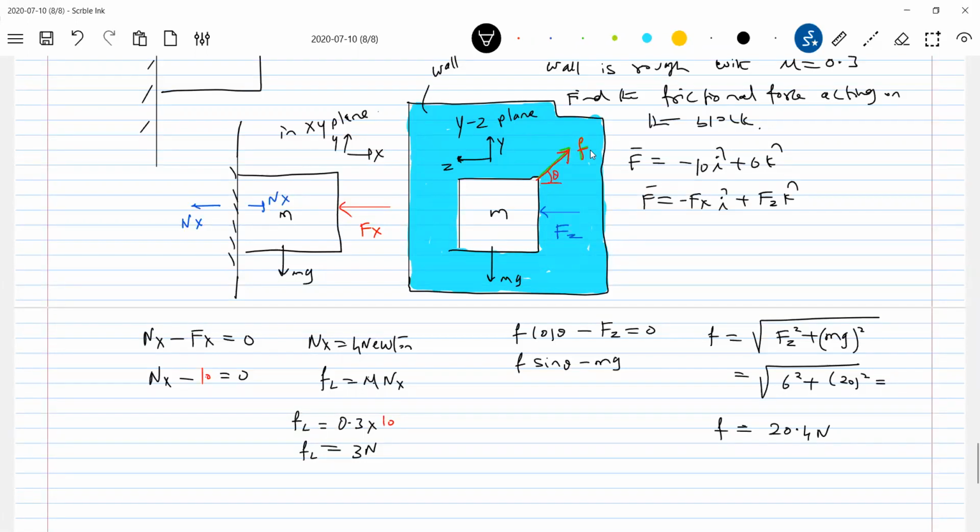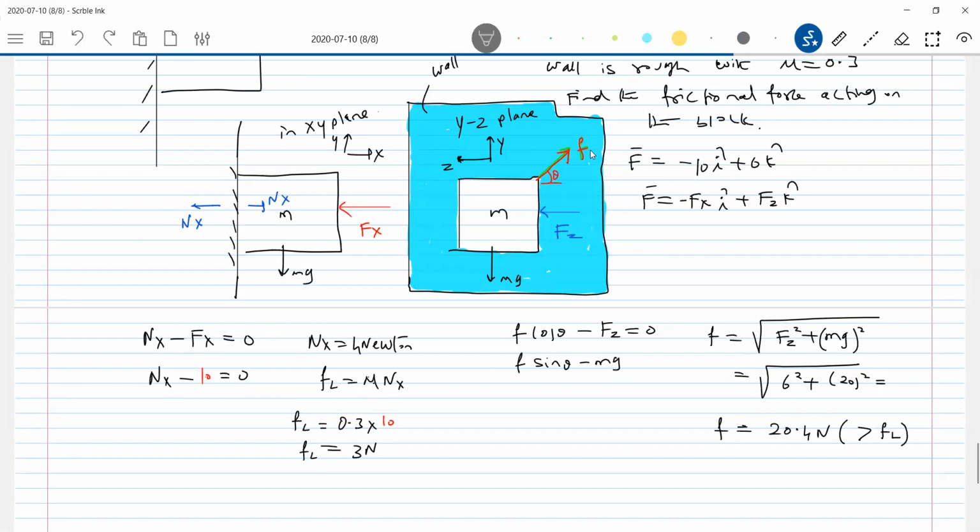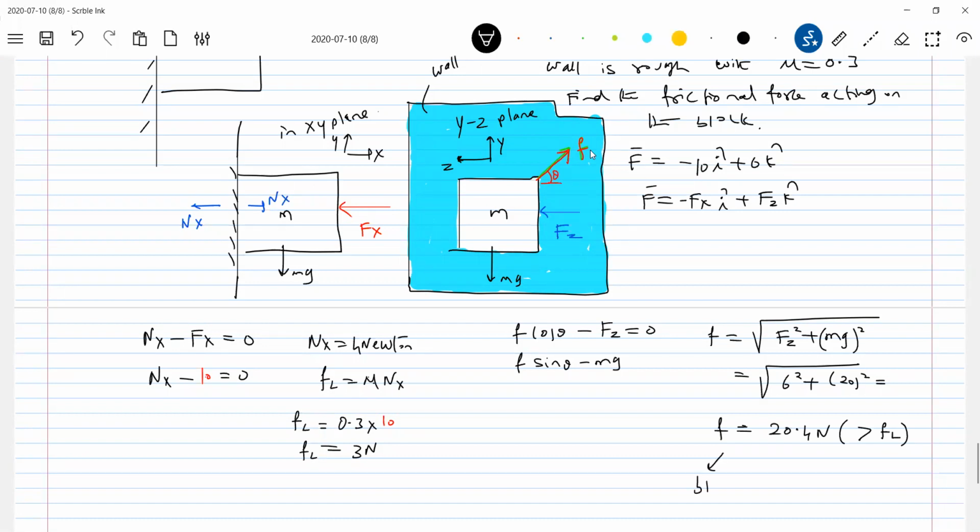But the friction, it is greater than FL, no? Tell me what should we do now. Will the block be at rest or will it slide? It will slide along the wall. The block slides along the wall.